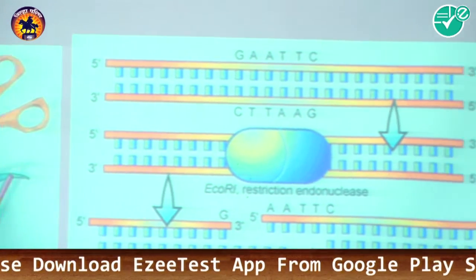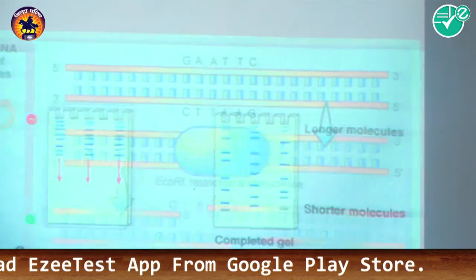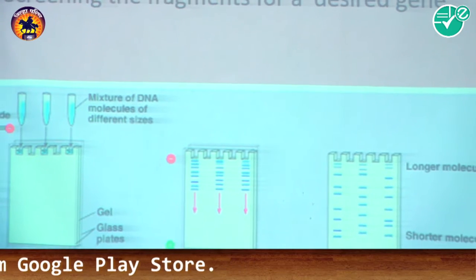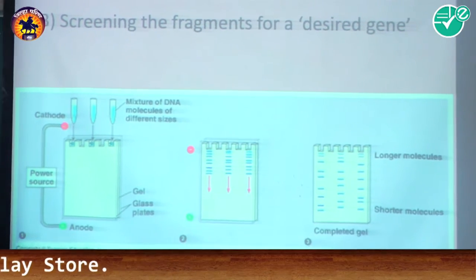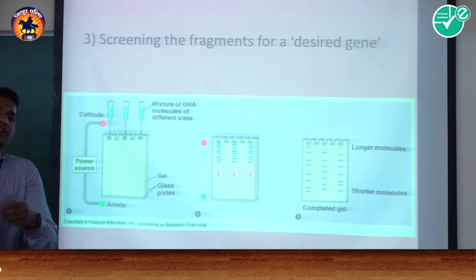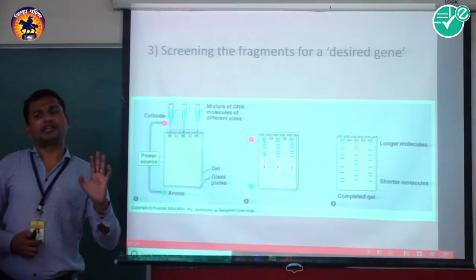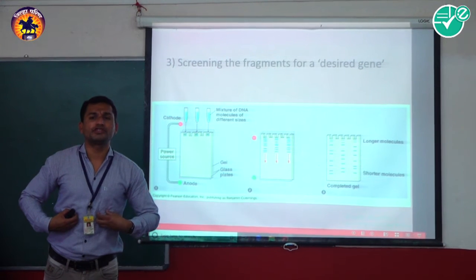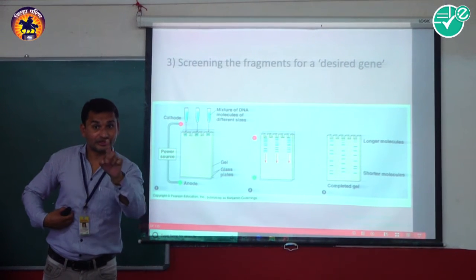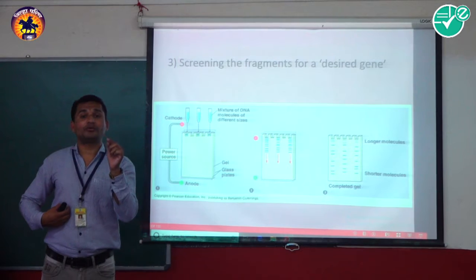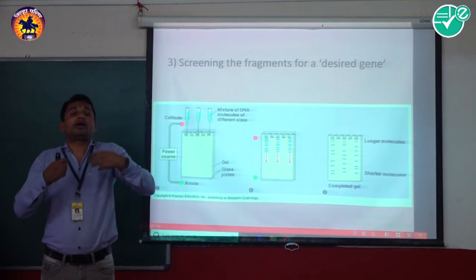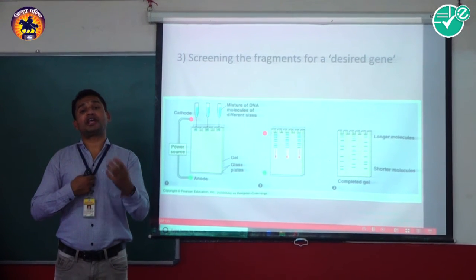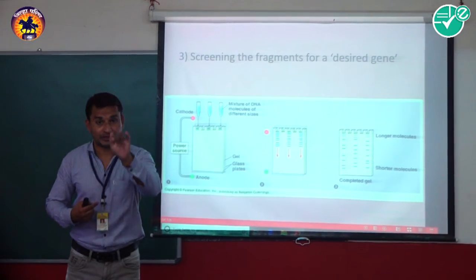After making the fragments, we don't know which fragment is our desired gene. For example, the gene which secretes the hormone insulin in humans is a desired gene. The gene which helps to produce the anticoagulant substance in human blood, or the gene which helps to fix nitrogen in some plants.